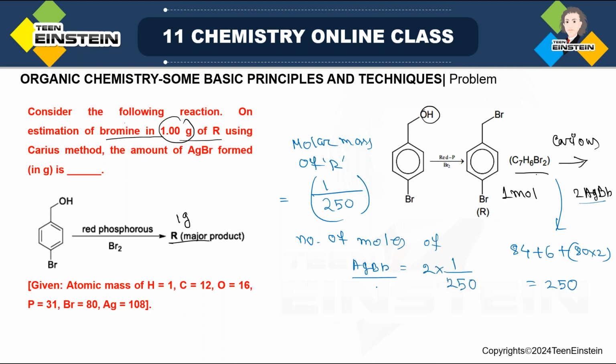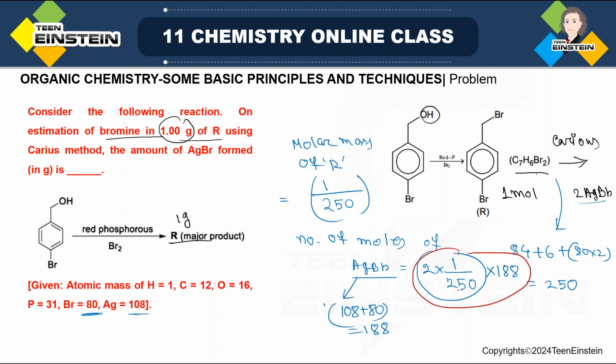So this is the moles of AgBr. To convert it to gram, simply you have to multiply with the molar mass of AgBr. The molar mass of AgBr is simply 108 and 80. So it will give you 188. So if you multiply, you will get this value, and this is basically the final answer in gram.